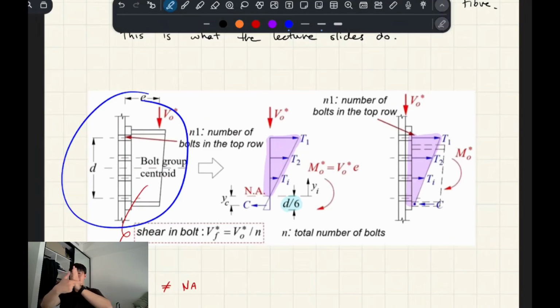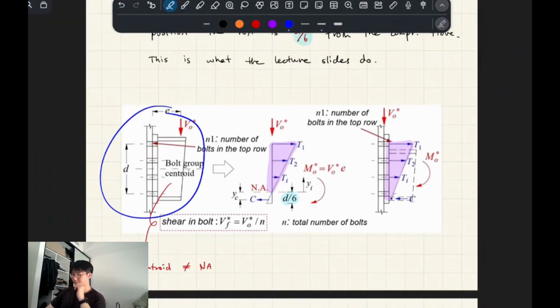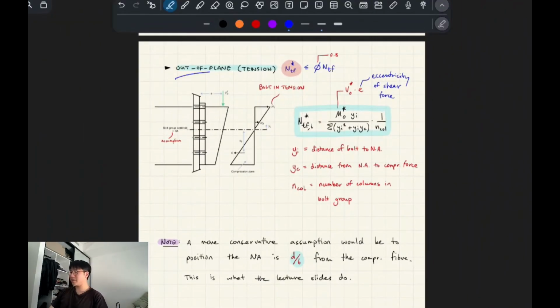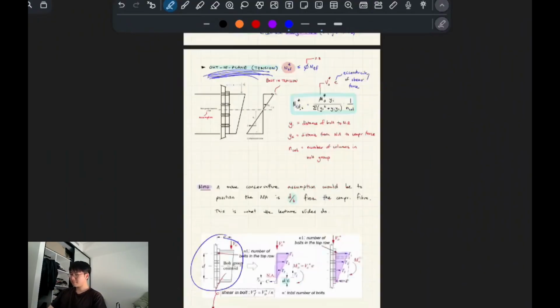So the bolts, let's say there's a big bolt that shoots through my hand, right? The idea is the bolt is resisting it from tearing out like that, and therefore the bolt is in tension. So you have to check. That's out of plane action, right? Which essentially results in tension of the bolts.